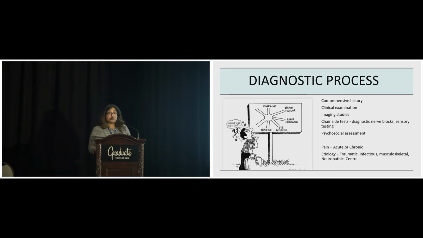The cornerstone of identifying what we are working with here is a comprehensive history. This includes talking to the patient about their triggering event, quality of pain, intensity, duration, frequency, what makes it better, what the aggravating factors are, other constitutional signs that they see, and other associated symptoms.